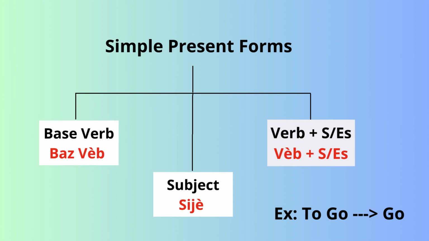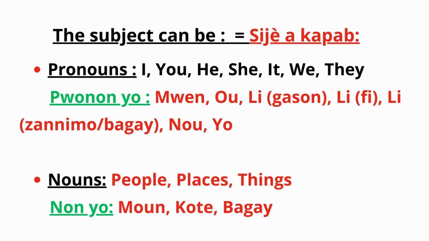So in English, guys, the subject can be pronouns and the subject can be nouns. Let's see the pronouns in English. The subject pronouns in English are I, you, he, she, it, we, they.